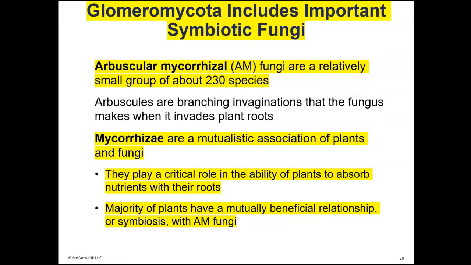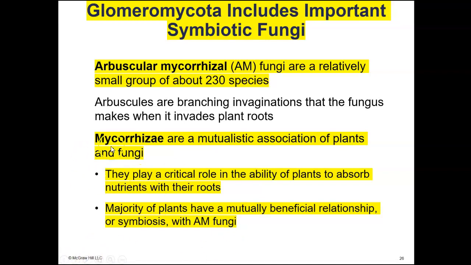Okay, the phylum Glomeromycota includes some symbiotic fungi, which we will also talk about in section 22.3. The Glomeromycota are often referred to as the AM fungi, which stands for arbuscular mycorrhizal fungi. It's a small group.